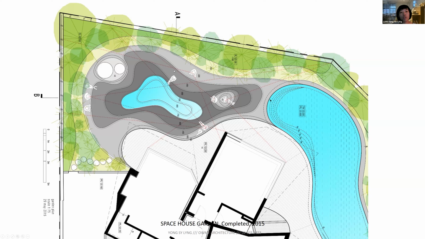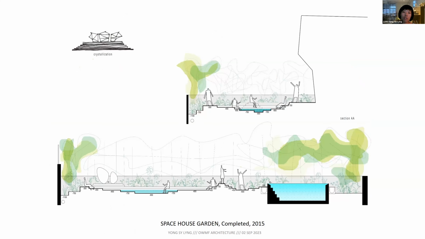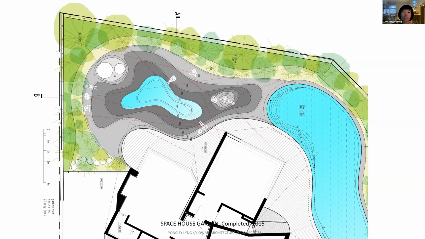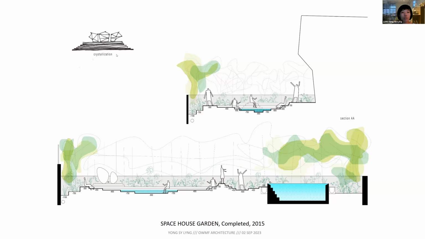The perimeter is higher and it steps down to a lower area, the blue area here, and it collects the rainwater. This is where all the rainwater will be drained off to the perimeter drain, right? So it's functional, but it's not determined by the function, right? This is the section of that landscape garden.